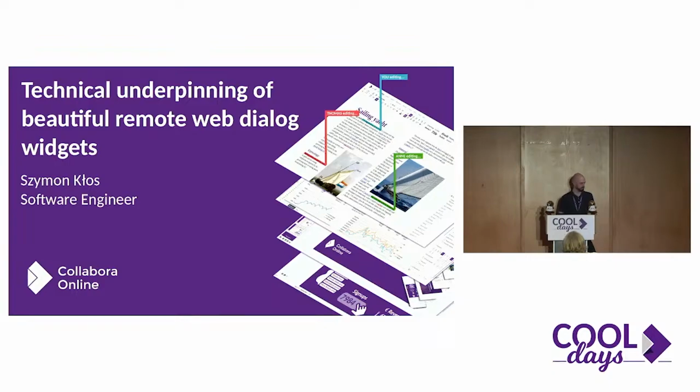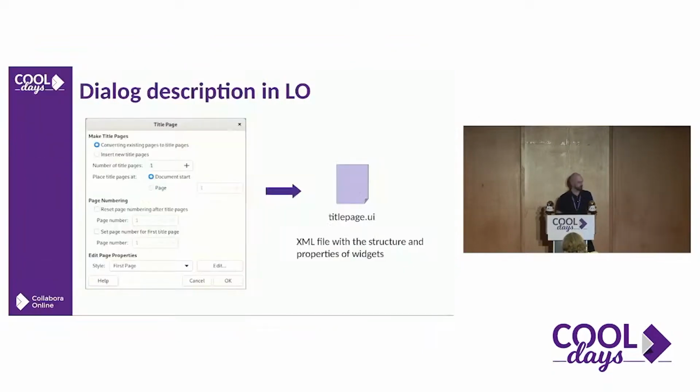existing ones. So first let's start with the under the hood details, how we show the dialogues. So in the core, the LibreOffice, we have all dialogues coded in XML files which have .ui extension.